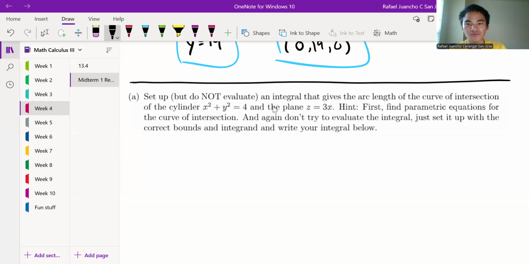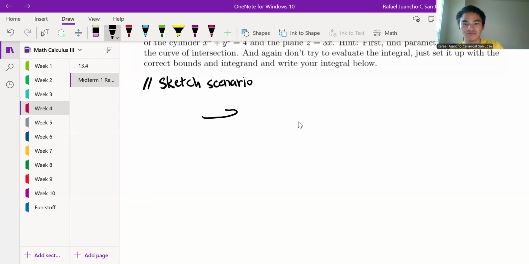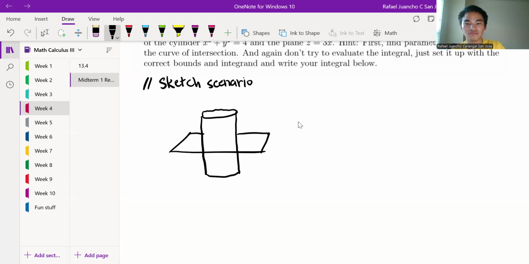Okay, so basically we want to find the length of the curve of intersection between a cylinder and a plane. So how could we visualize that? Well, we can say, okay, I have a cylinder, I have a plane, and their intersection is this thing, right?